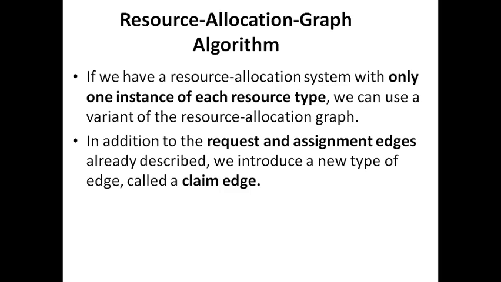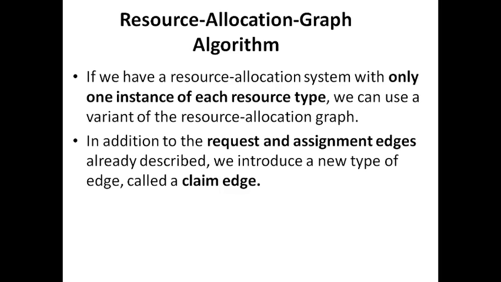This is just a declaration of its requirement for the future. So a claim edge is about future requirement, but a request edge is current. In other words, once the actual request is made, the claim edge is transformed into a request edge. That is the relationship between the request edge and the claim edge.